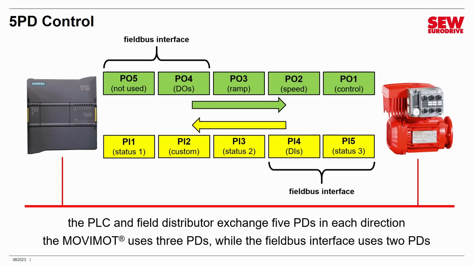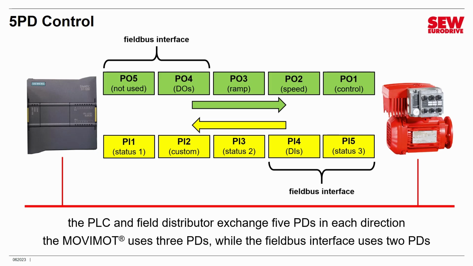PI4 gives you the status of its digital inputs, if it has any, and PI5 is another status word that gives you information about what's going on with the field bus interface. We won't really talk about those a lot. You can look those up in the manual if you're curious. We're going to focus on the 3 process data words that control the MOVIMOT, PO1, 2, and 3, PI1, 2, and 3.